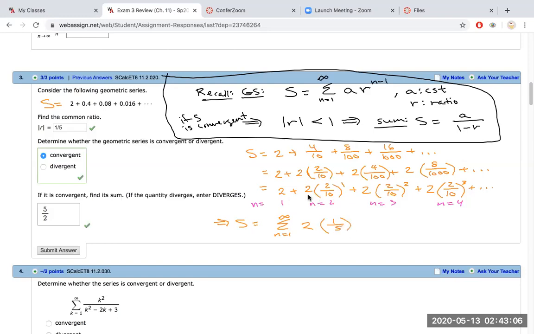And then notice the pattern. There's technically a 2 over 10 to the 0 power here. First power, second power. What do the powers relate to the n's? That's n minus 1. Okay. So this is our geometric series. What we find from here is that A is equal to 2 and r is equal to 1/5.